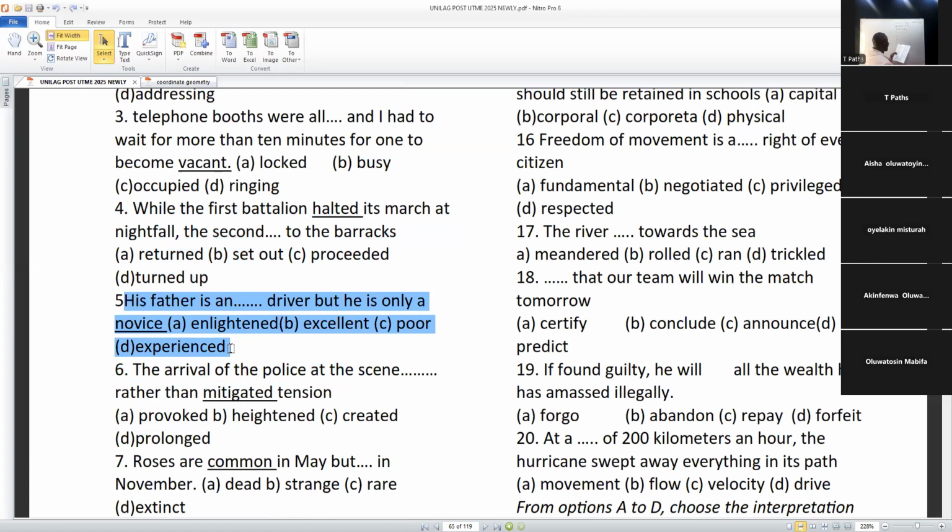Question 5 says, his father is an dash driver, but he is only a novice. So novice is underlined. Who can tell me the meaning of novice to start with? Lack of experience. Correct. Yes. What's another word for novice?